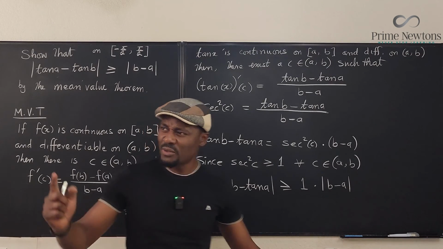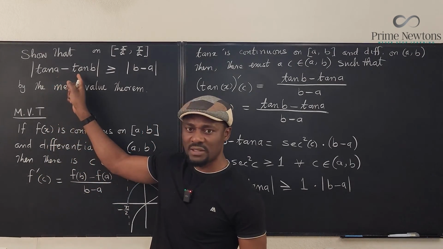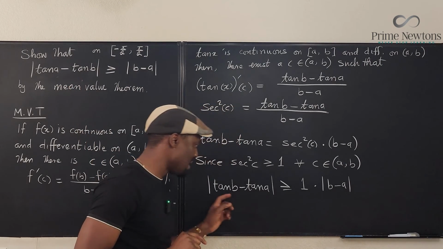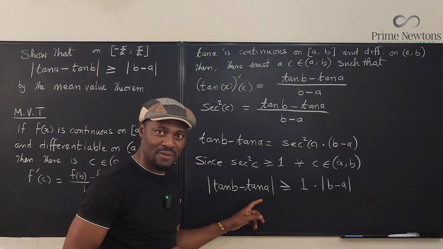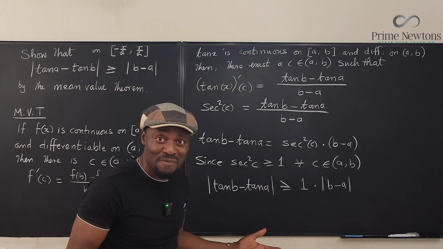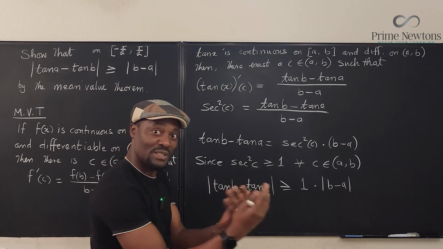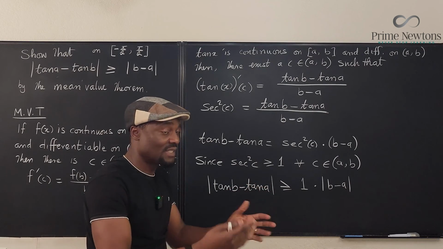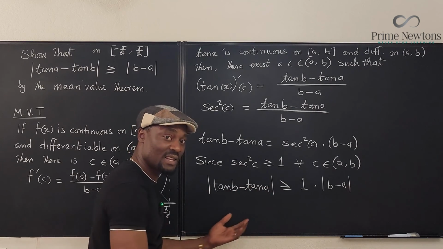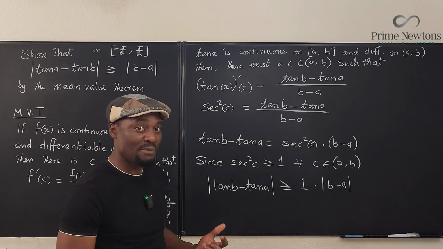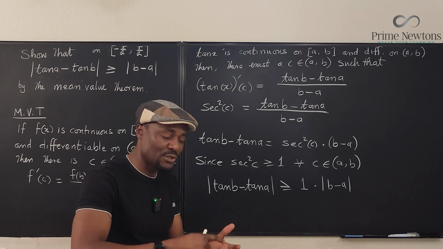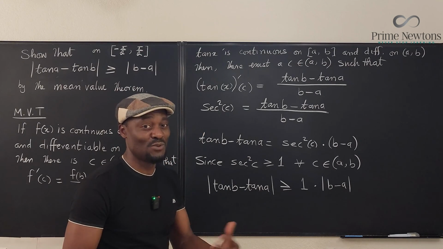But what I started with was tan A minus tan B, not tan B minus tan A. It doesn't matter because of the absolute value signs. Even if you switch the positions, the minus is cancelled out, because everything that comes out is positive. So the absolute value of 1 minus 2 is the absolute value of 2 minus 1.